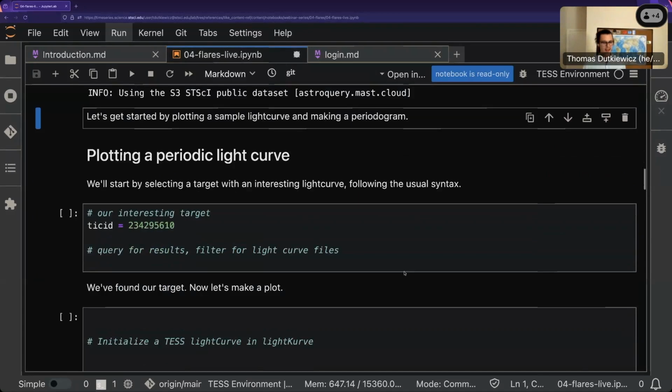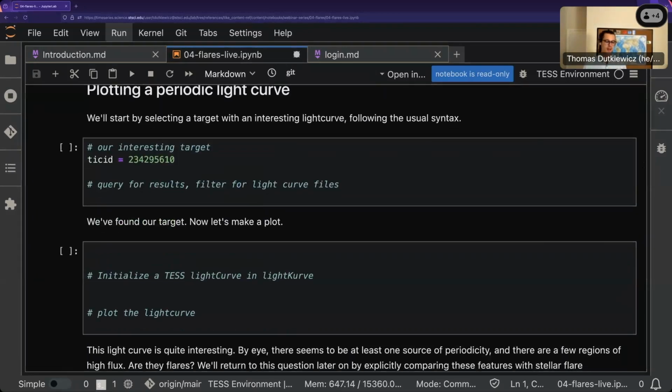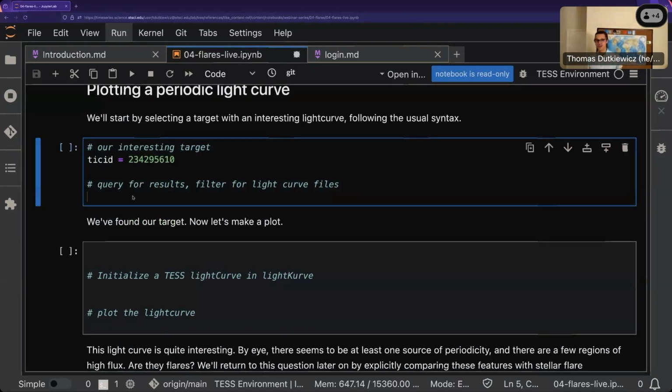So to get started, I am going to walk us through the workflow that by now is probably nauseatingly familiar to many of you, but it is the fundamental thing you will do when you access MAST data, so it never hurts to see it again. We're going to start with our target, which I have selected to be interesting, and we're going to query for TESS lightkurves. Again, the syntax is something that you should be familiar with from previous lessons. So we'll say that our observation is observations.query_criteria.